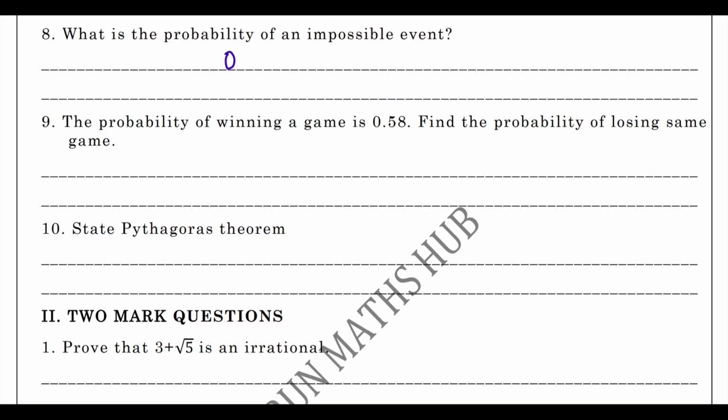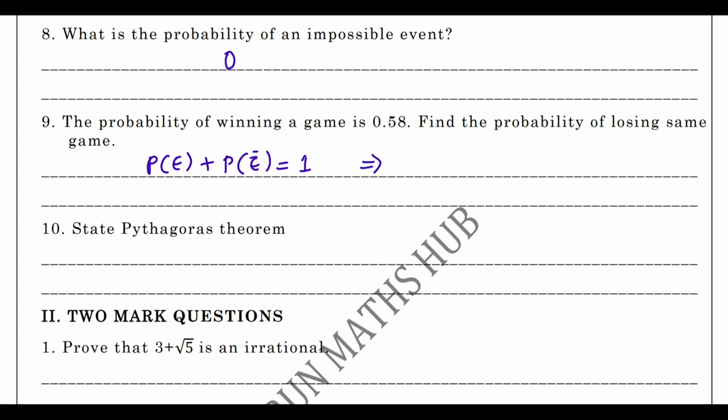Ninth question. The probability of winning a game is 0.58. What is the probability of losing the game? We know that the sum of the probability of an event and the probability of its complement equals 1.